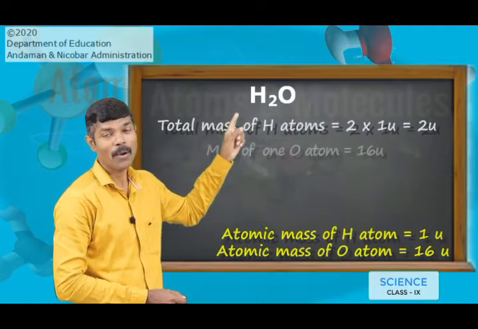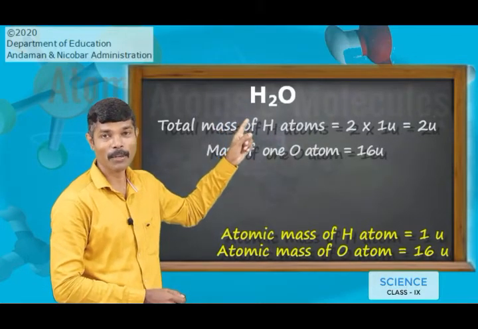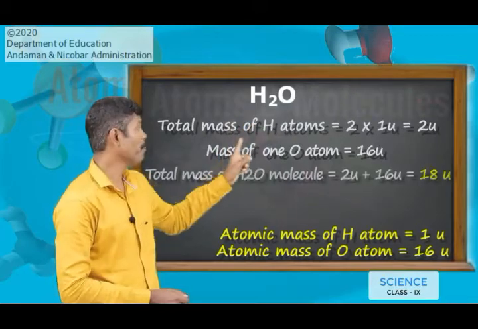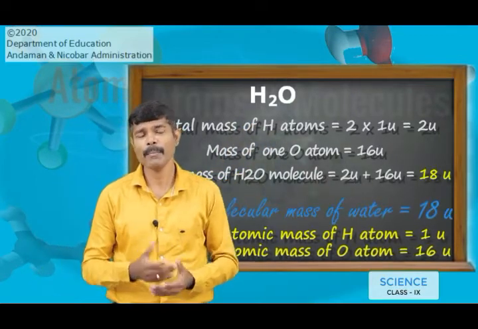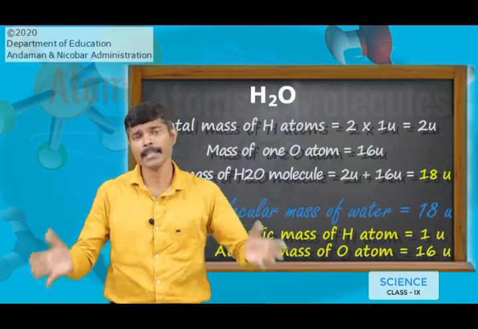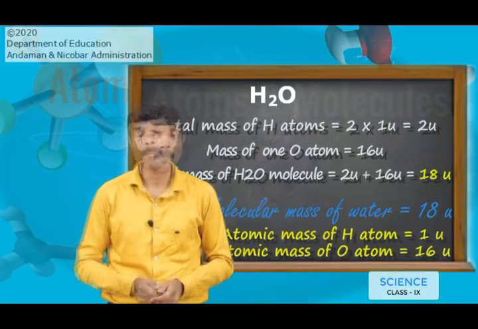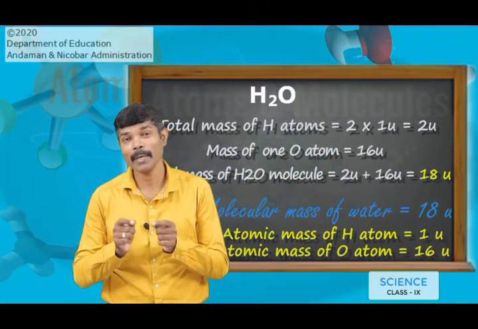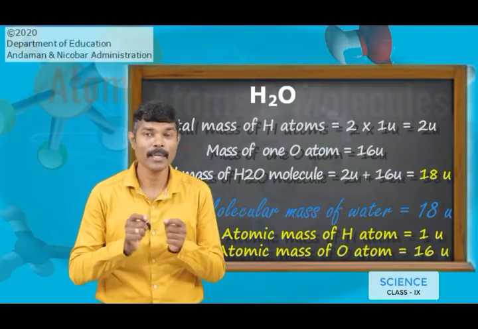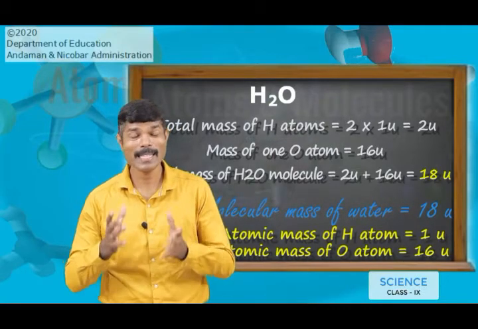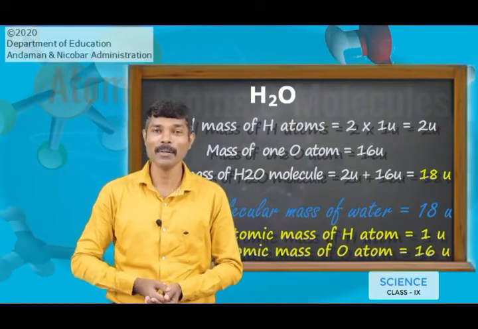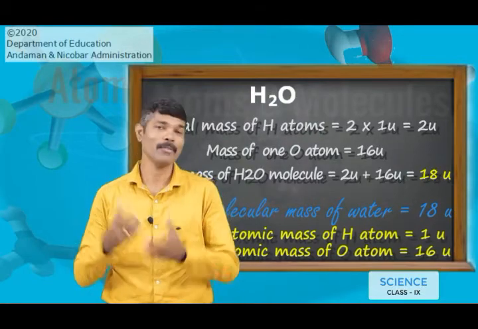Oxygen atom is there. 1 oxygen atom will have atomic mass of 16 U. 2 plus 16 is 18 U. This way the molecular mass of various other compounds could be found out by knowing the relative atomic mass of the constituent elements. Children, I believe that you will easily find out the molecular mass of different compounds and molecules of elements.